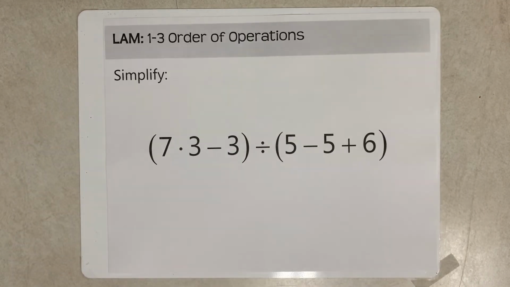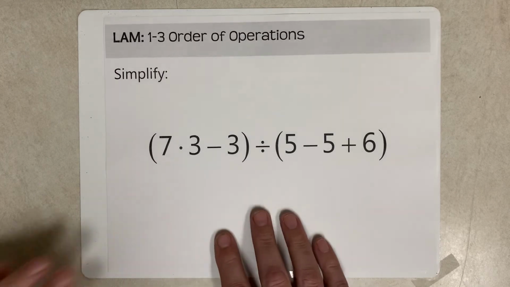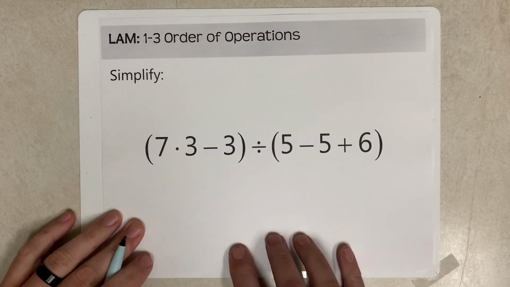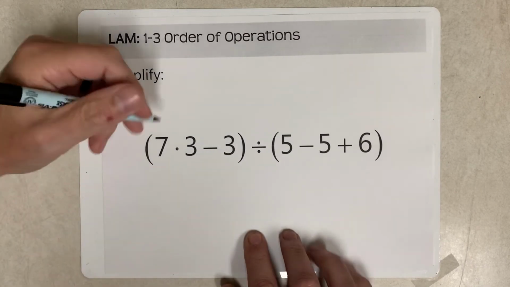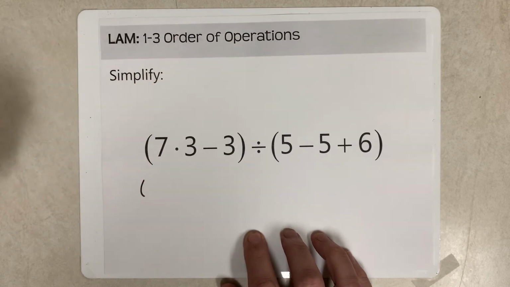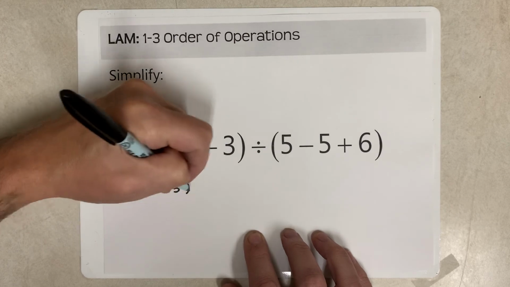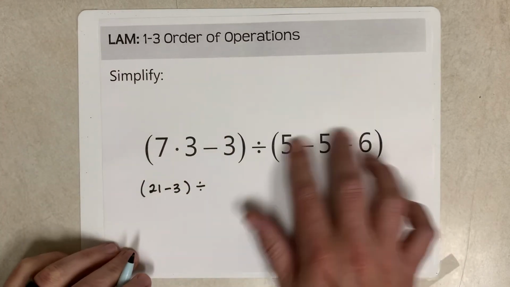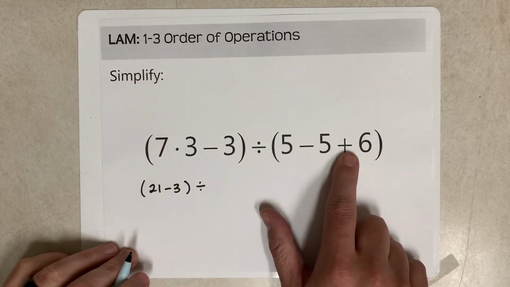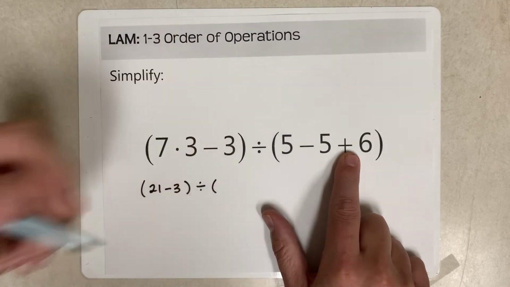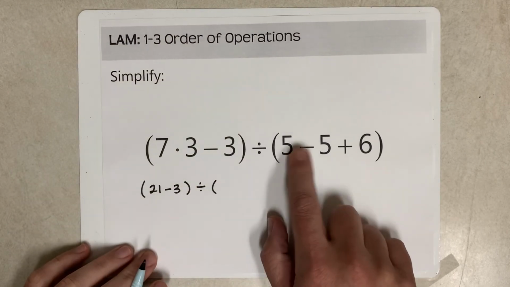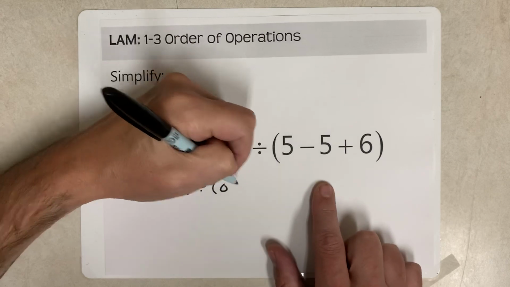Okay, last example. This time, we've got 2 parentheses here, so let's just work with this one first. Let's see, 7 times 3 would come first, right? That's 21 minus 3 divided by, okay, over here, I'm going to do the subtraction before the addition. Remember, they're really the same operation anyway. 5 minus 5 is 0 plus 6.